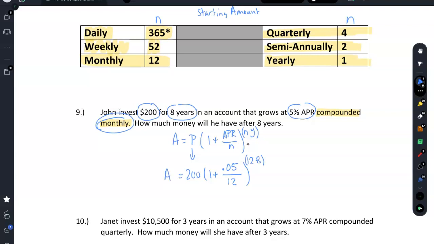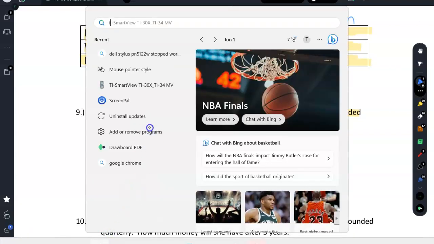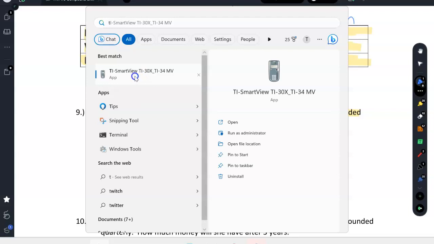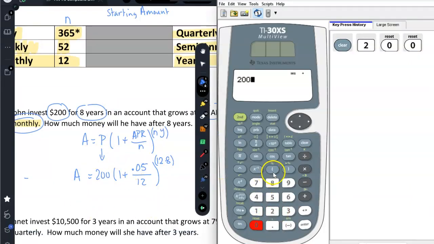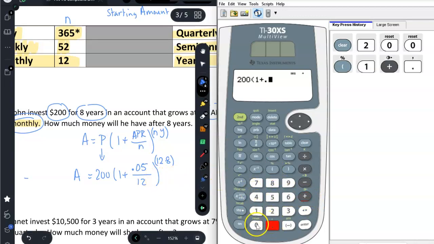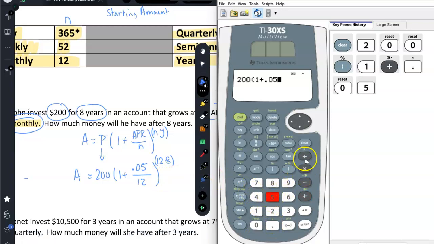And I'm going to go to my calculator and type this in. I'm going to type in just this one because this one is a little bit trickier to type in. Okay, so I'm going to type in what I have on the left, which is 200. Open my parentheses. I have 1 plus. Now you could put this next part in parentheses, but you don't have to. But if you do, make sure you close it. So 0.05 divided by 12.